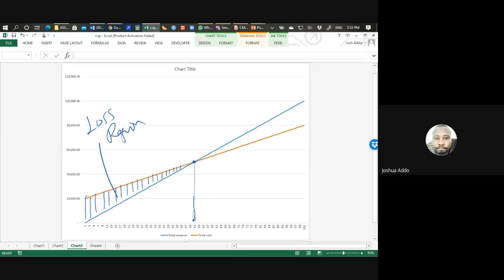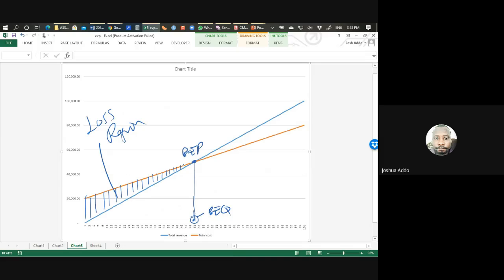So 50 times, it's a scale of, I think, about 1,000. 50 times 1,000 will be 50,000. Okay, so this is how you trace it. This is the break-even point. Break-even point. If you trace the break-even point to the quantity axis, any quantity you pick here is the break-even quantity.